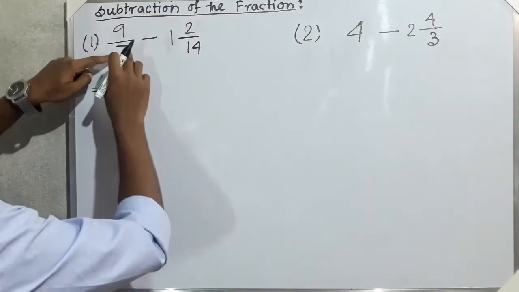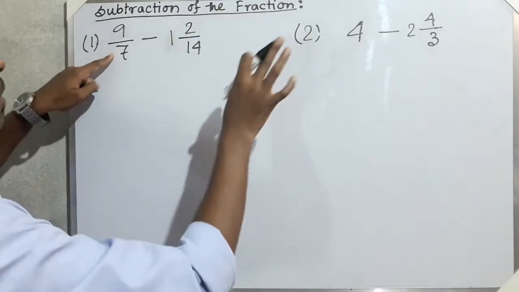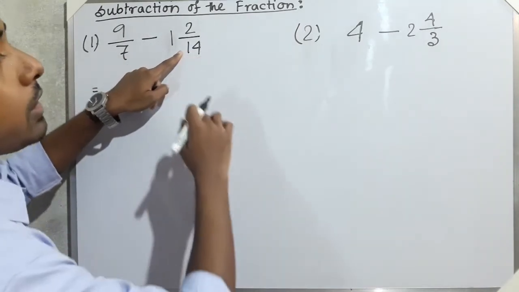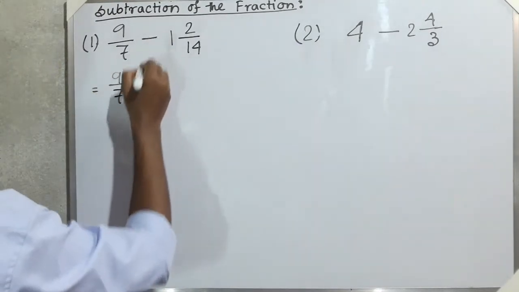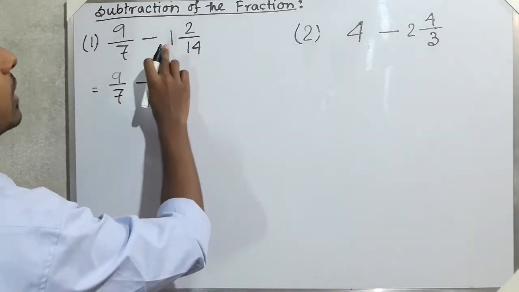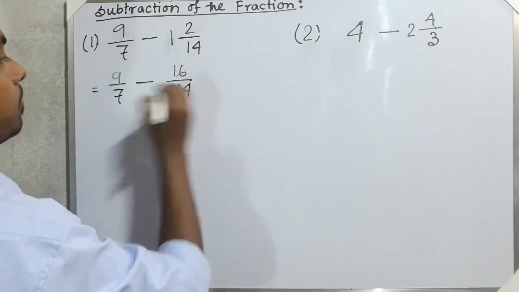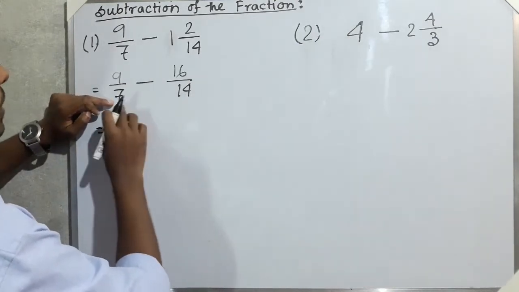Here it is given in improper fraction, no problem. Whether proper or improper, no problem, but here it is given as a mixed fraction. So first of all, this mixed fraction you have to convert into improper fraction. So 9 by 7, this minus, and 14 ones are 14 plus 2, 16 by 14. Now what have to do? You have to find out the LCM of these denominators.